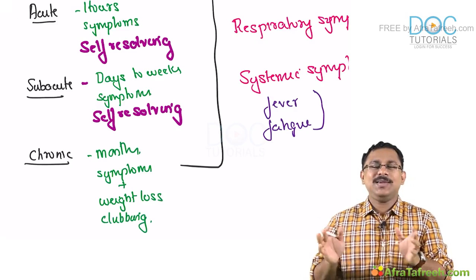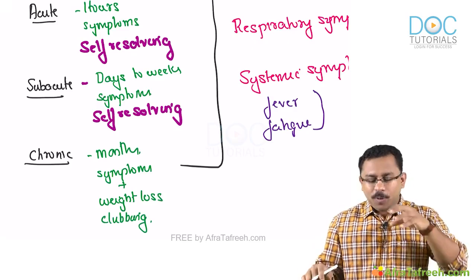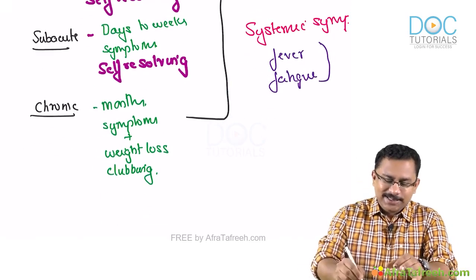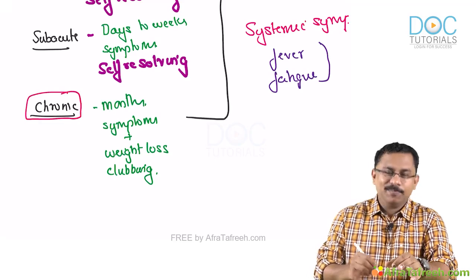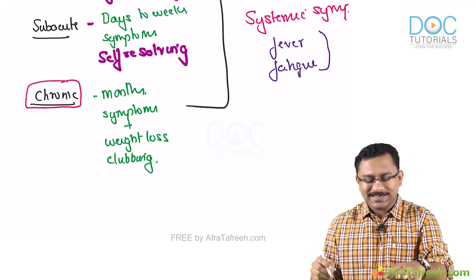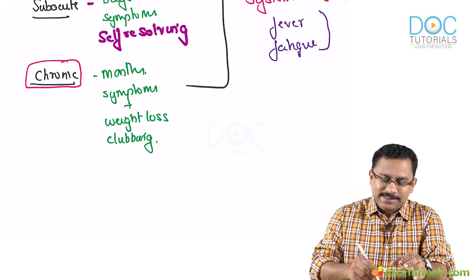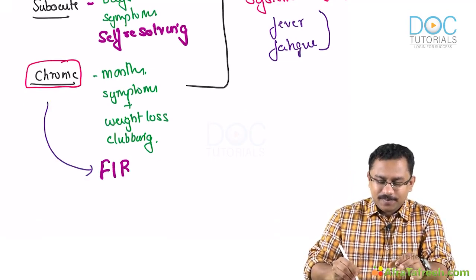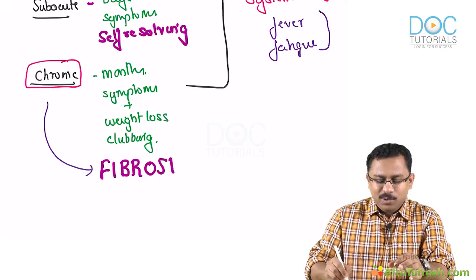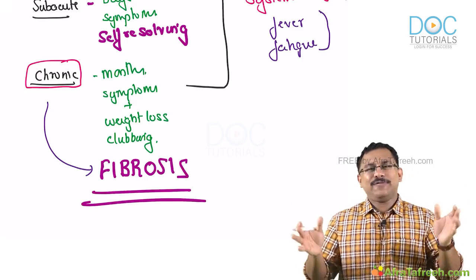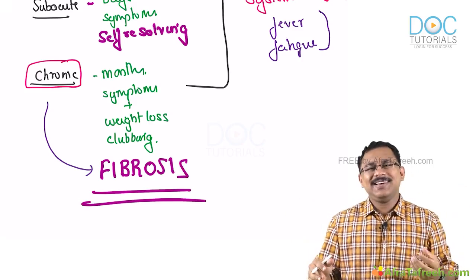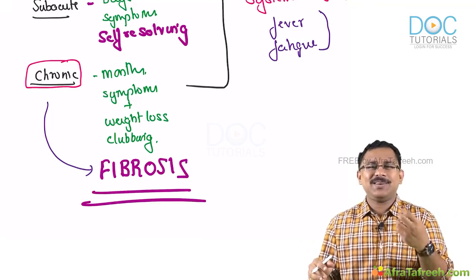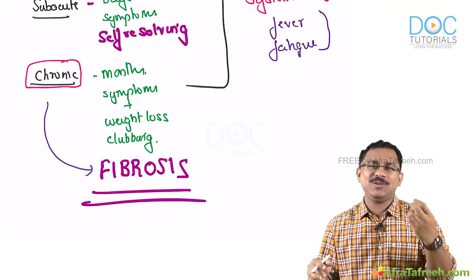So that has to be kept in mind. Now the problem with this entity, I would say, is that it is a bit notorious in the sense that it is in this stage that you can have fibrosis setting in. When fibrosis sets in, you tend to have a bit of irreversibility to the disease process.